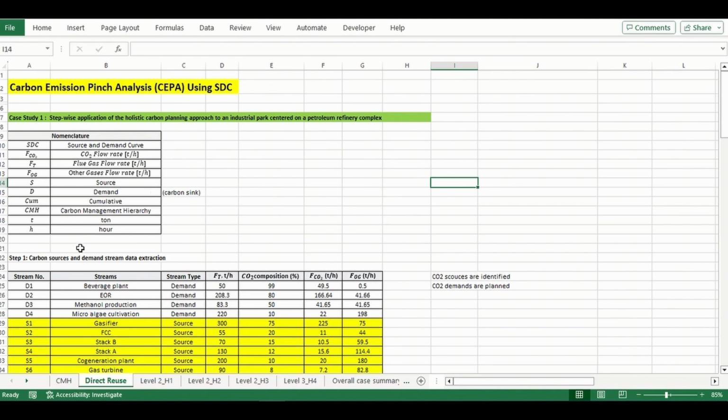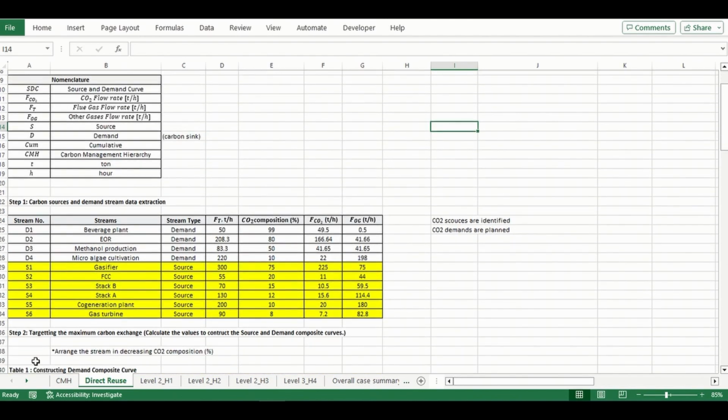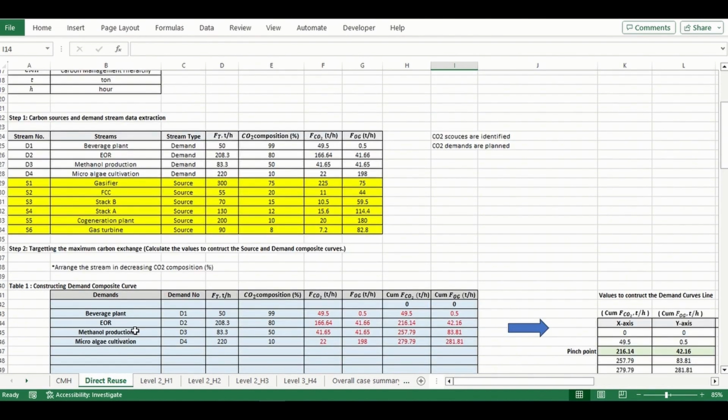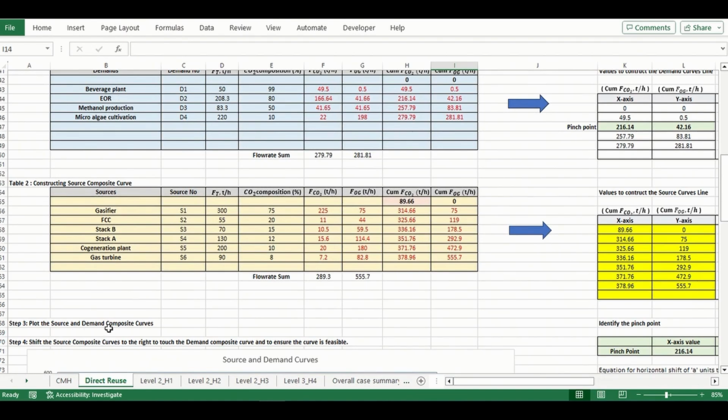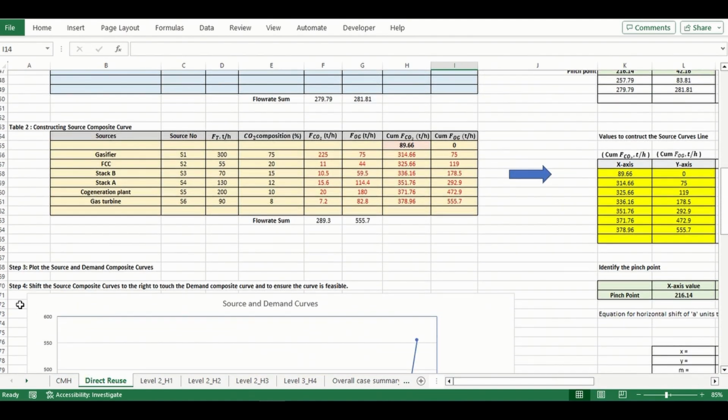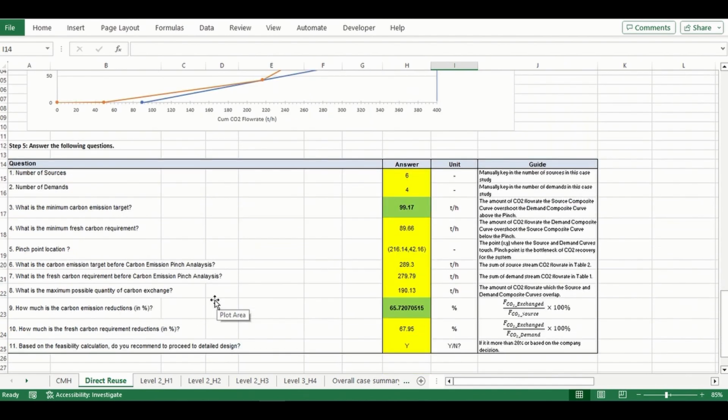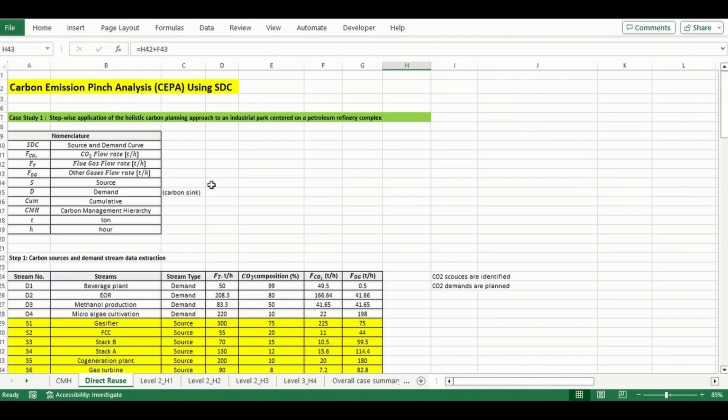Step one is carbon sources and demand stream data extraction, and step two is to perform targeting of the maximum carbon exchange, where we calculate the values to construct the source and demand composite curves. In this sheet, we add three more steps: step 3 is to plot the source and demand composite curves; step 4 is to shift the source composite curve to the right so that it touches the demand composite curve and to ensure the curve is feasible; and step 5 is to answer the following questions. Now we'll go through it step by step in detail.